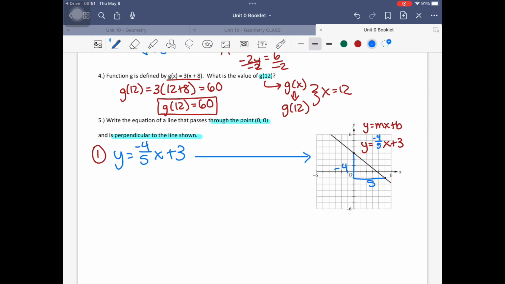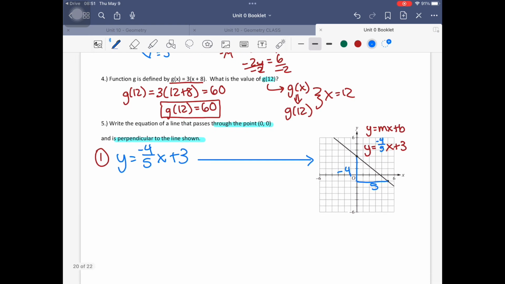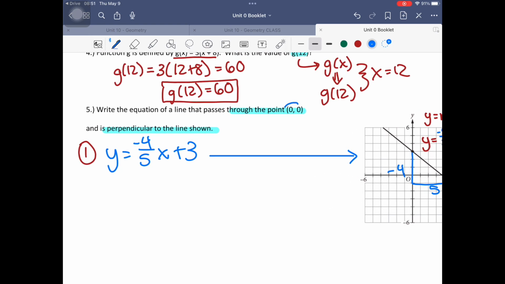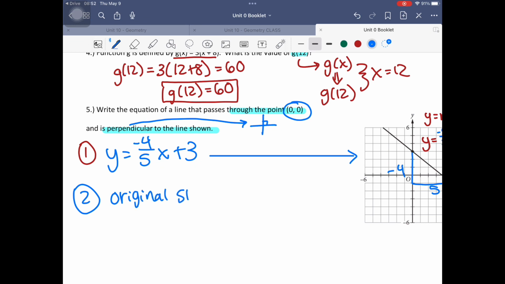Now we need to make sure that it goes through the point 0, 0. And it is perpendicular. Perpendicular means that it is going to meet at a 90-degree angle. So if a line is perpendicular, the original slope is -4 over 5.